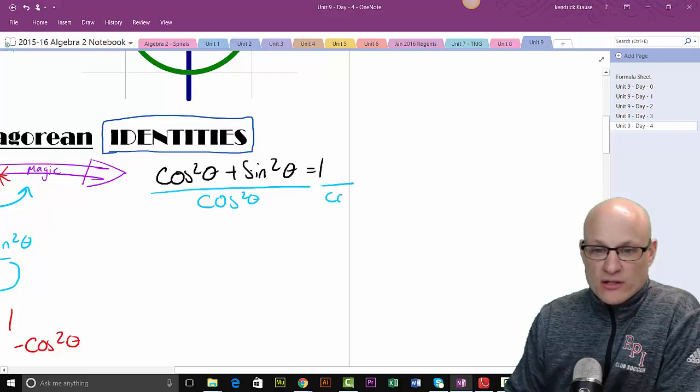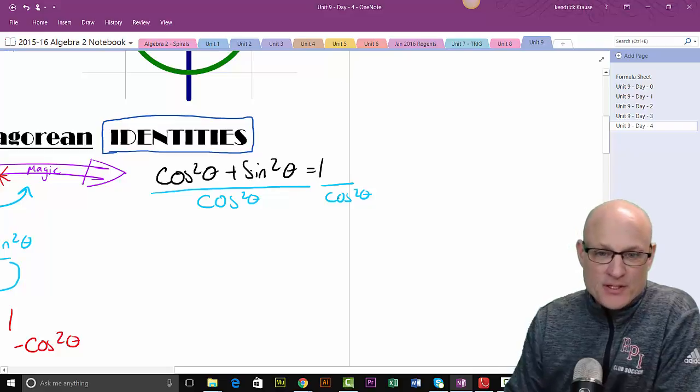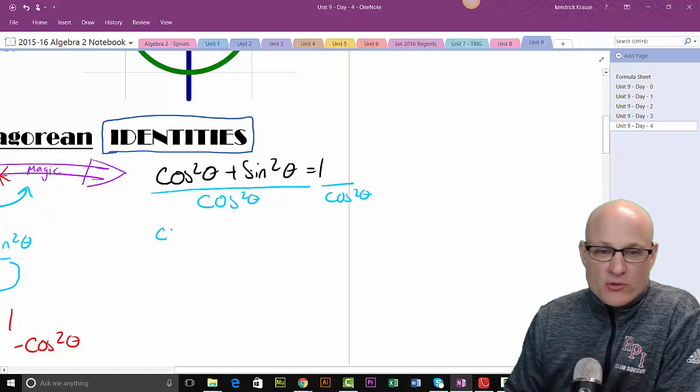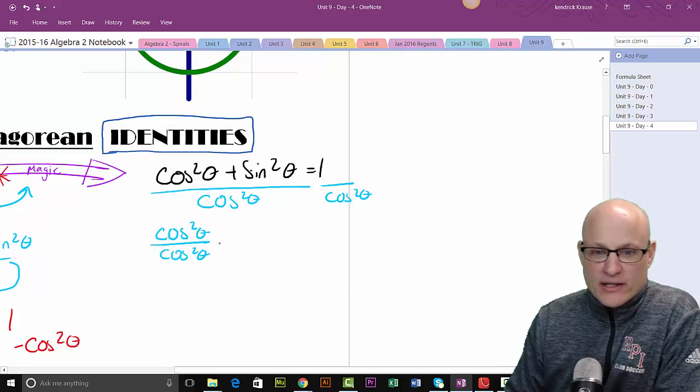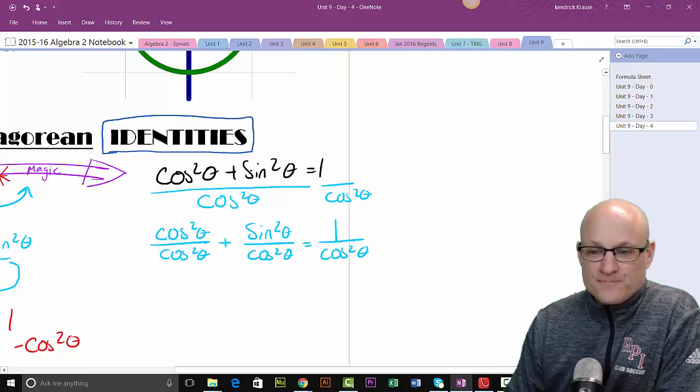As long as you do it to both sides, it's legal. This gives me cosine squared theta over cosine squared theta, which I think you know what that is, plus sine squared theta over cosine squared theta is equal to 1 over cosine squared theta.